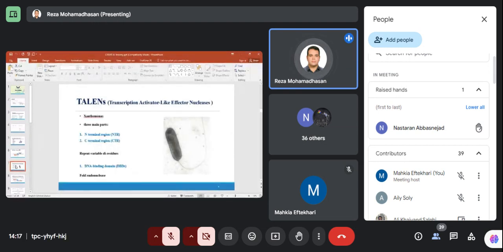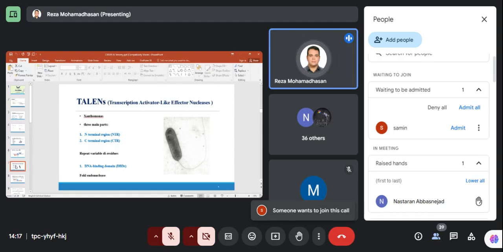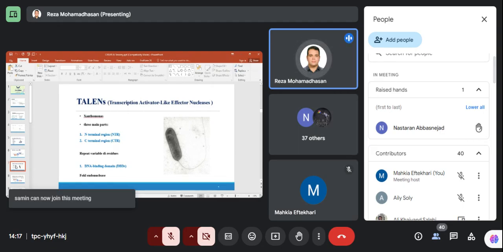The next one is TALENs. That is an abbreviation for transcription activator-like effector nucleases. The system was found in Xanthomonas, a plant pathogenic bacteria.